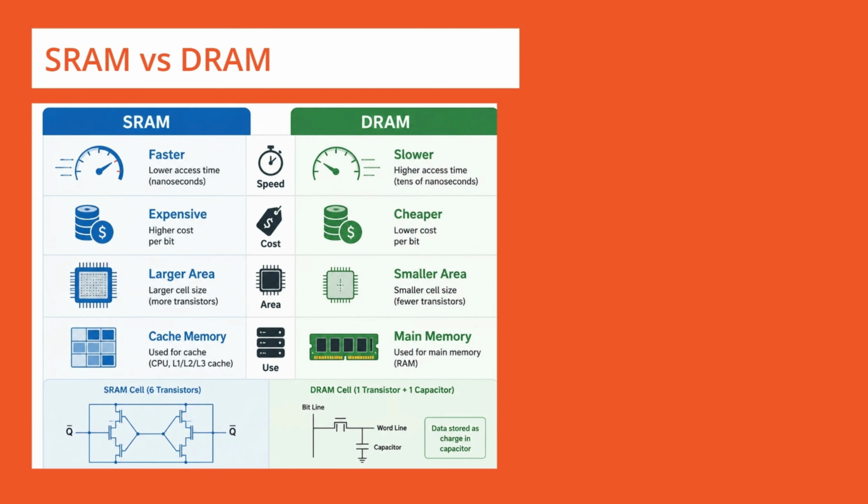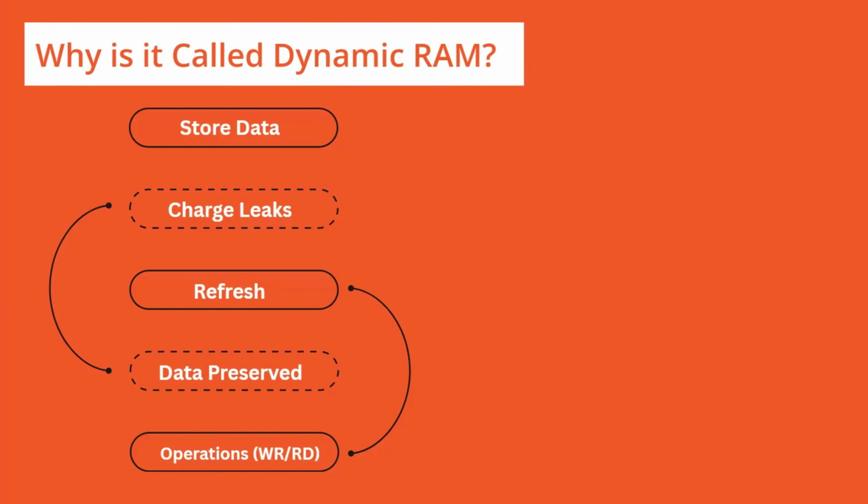But this simplicity comes with a challenge. So, what is this challenge? We will get the answer in this question: why is it called a dynamic RAM? Unlike an ideal storage element, a capacitor cannot hold charge forever. Over time, charge slowly leaks away.